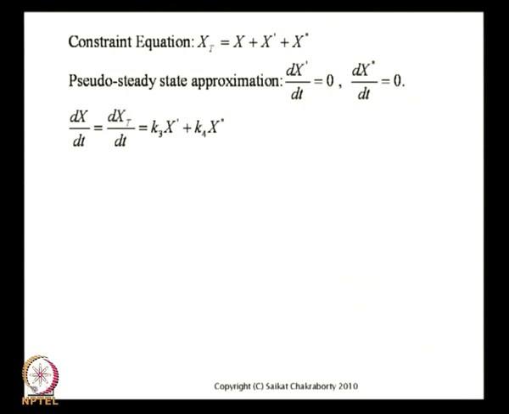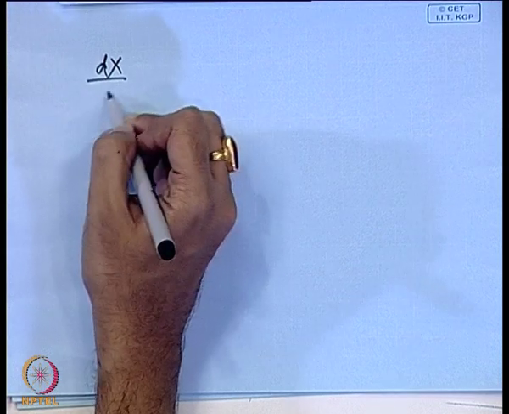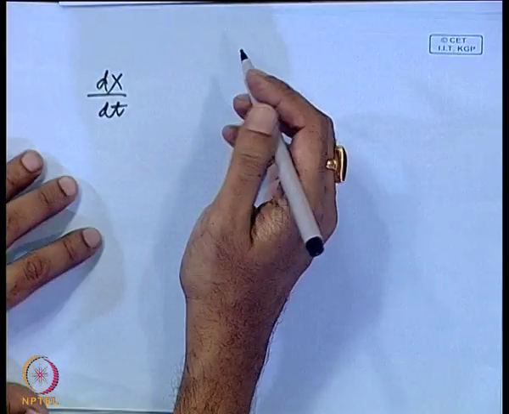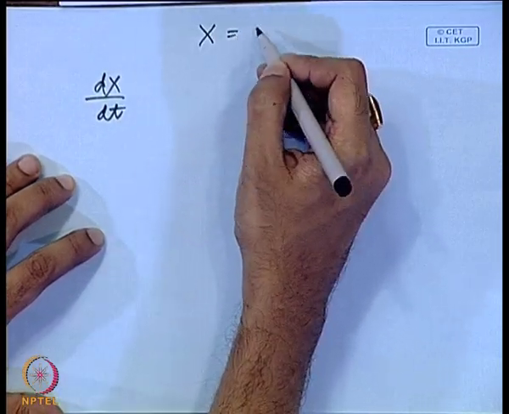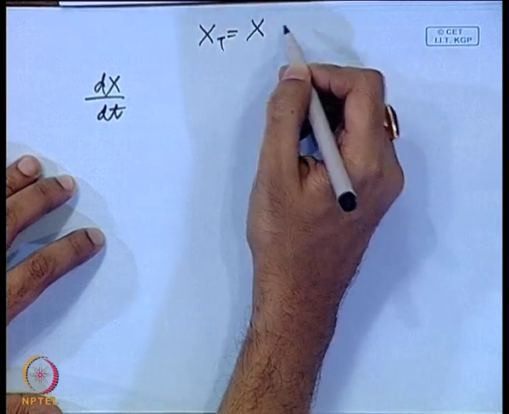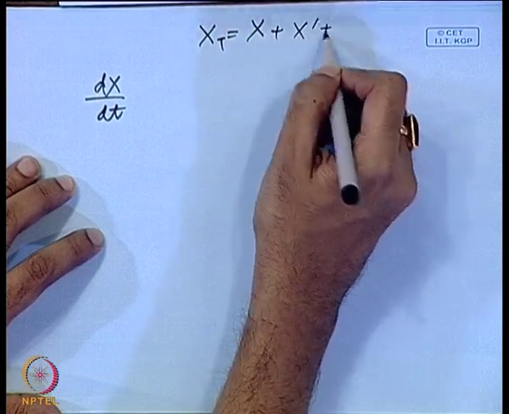So now let me explain this a little bit from what is written in the last line. My xt equals x plus x prime plus x double prime.